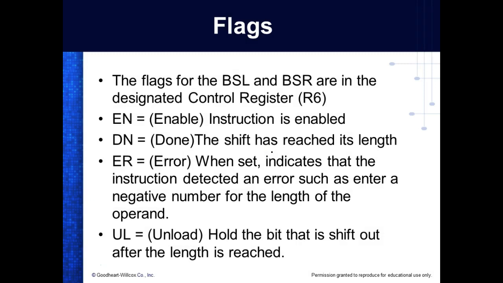What does the E give us? It tells us an error. The D tells us it's done. So if I do a 32-bit shift, as soon as I do the 32nd bit, it says done. An error indicates we entered a negative number. You understand that?